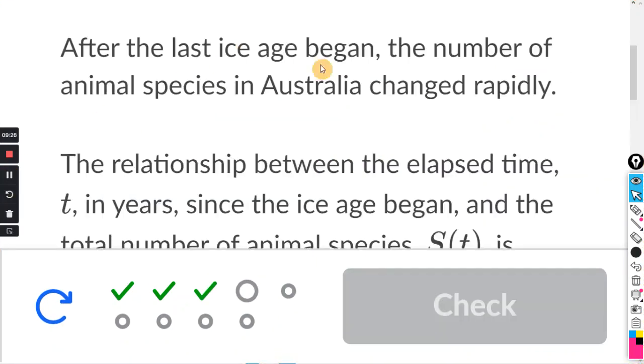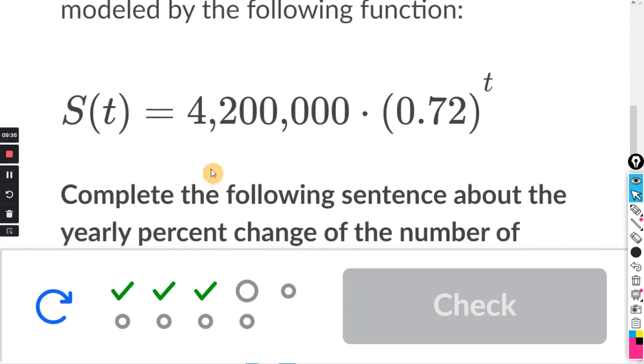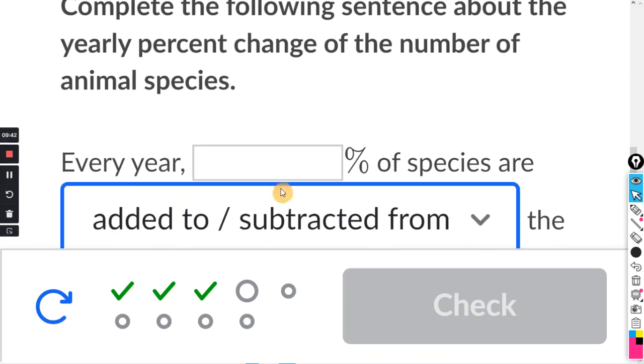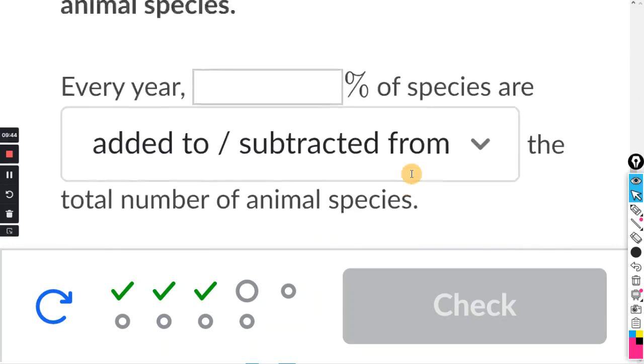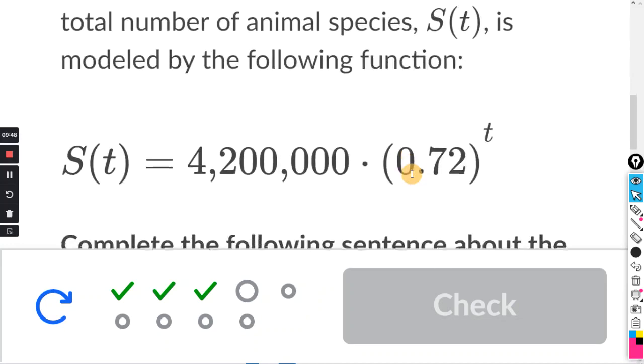All right, after the Ice Age, the number of animal species changed rapidly. Time t in years. Total number of species, S. Okay, here we go. Complete the following sentence about the yearly change. Every year, blank percent is added to or subtracted from. All right, so t is in years.